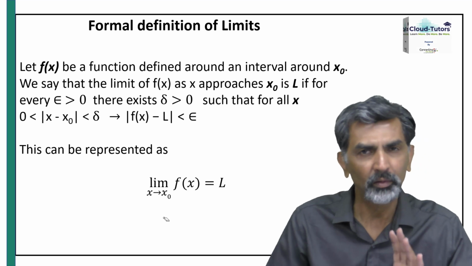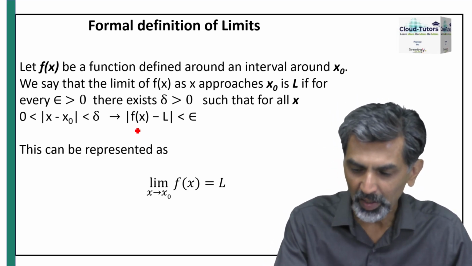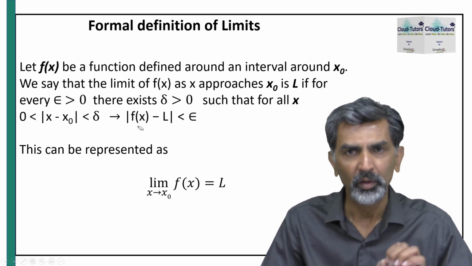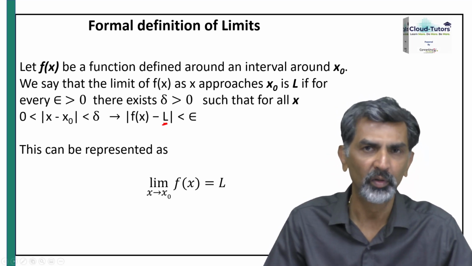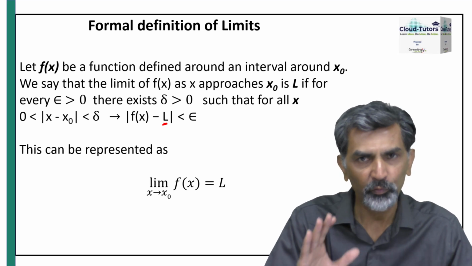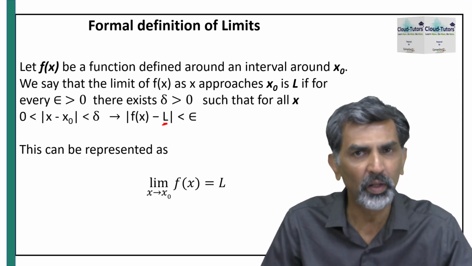Now, what does it mean? It means that I have a function f of x, and I want f of x to get very close to a fixed value L. How close should I take it to L?